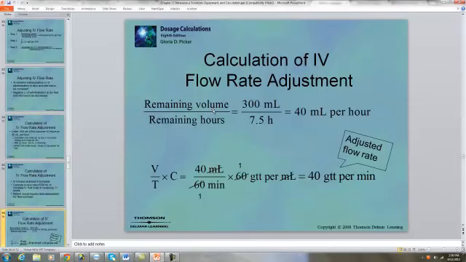So the remaining volume divided by the remaining hours is 40 milliliters per hour. So 40 milliliters is the volume, the time is 60 minutes, and you want 60 drops per milliliter. So your adjusted flow rate would be 40 drops per minute.